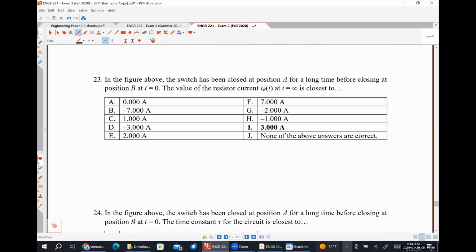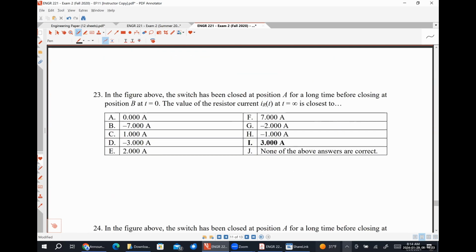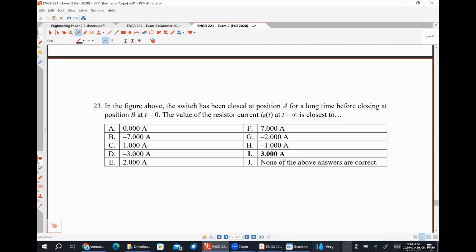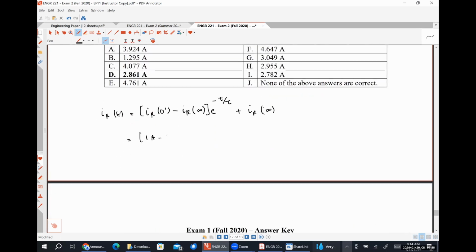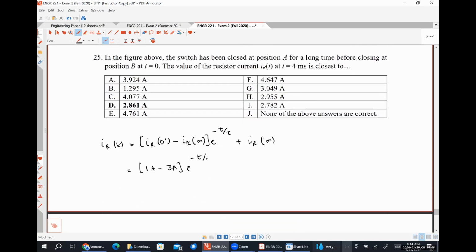IR at 0 plus looks to be 1 amp. IR at infinity is 3 amps. e to the negative t divided by 1.5 milliseconds, 0.0015 seconds, plus 3 amps.